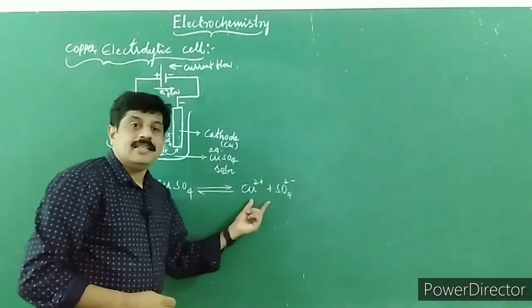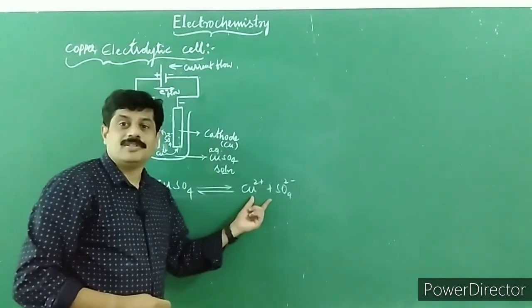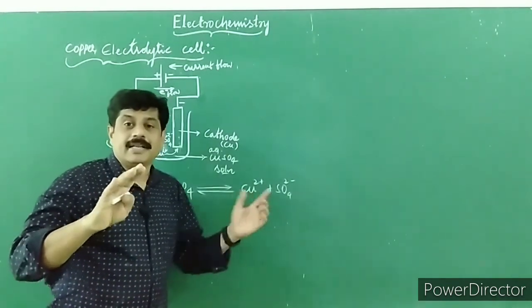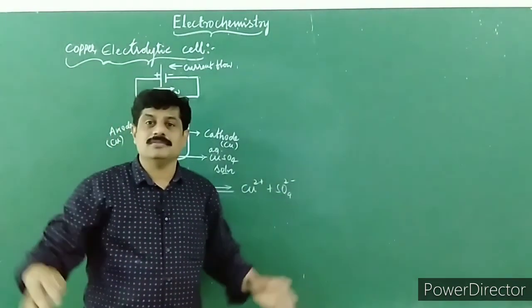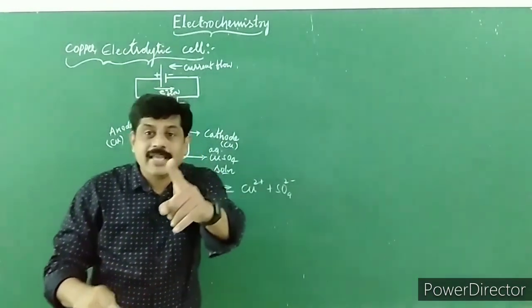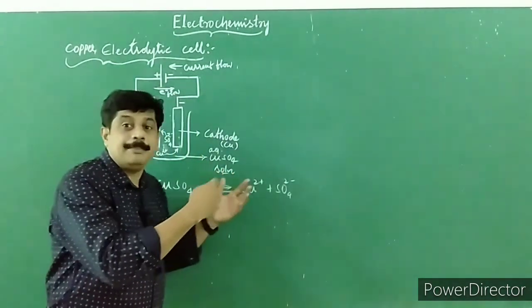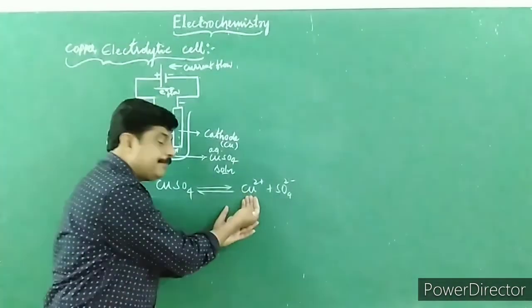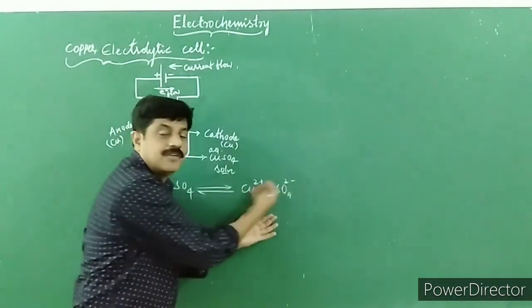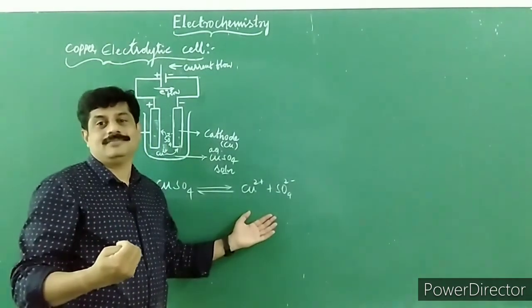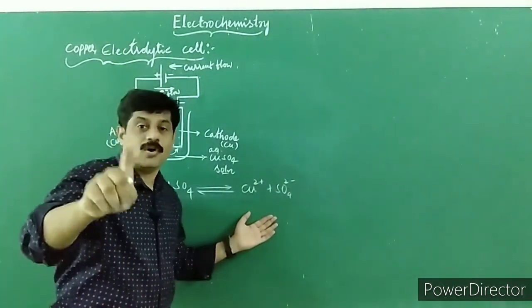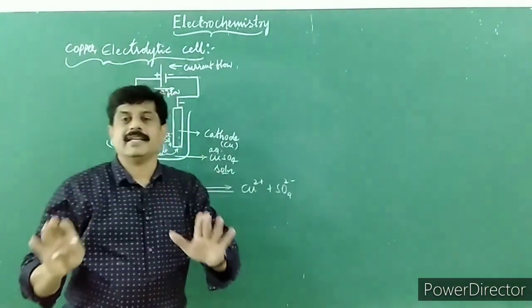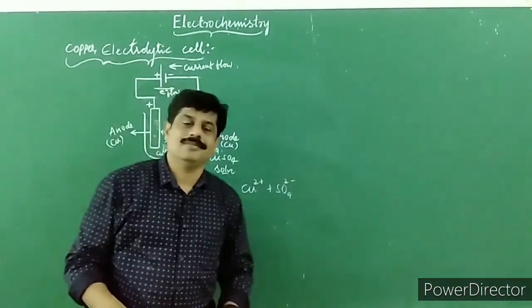The ions formed in the solution exhibit random independent motion. Though they have random independent motion, it is not possible to isolate independent cation or anion from the solution. But remember, the solution always remains electrically neutral.